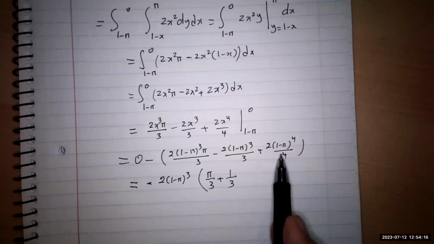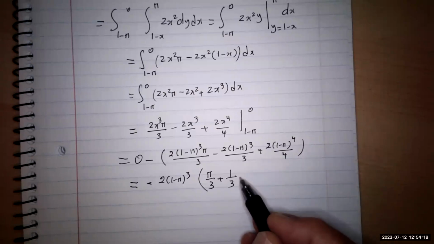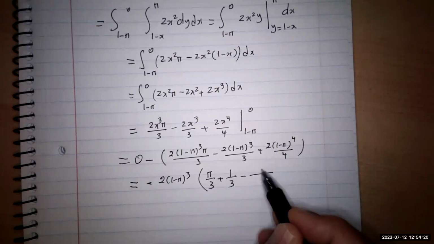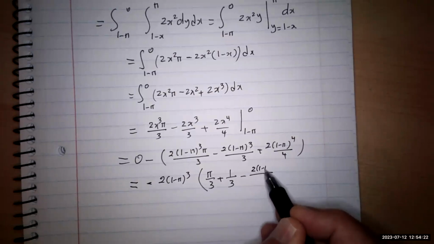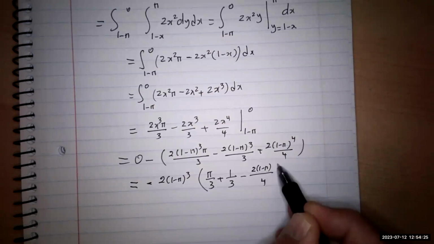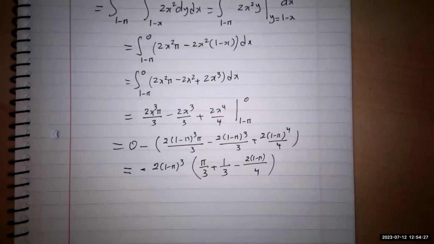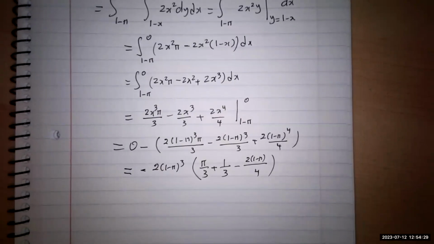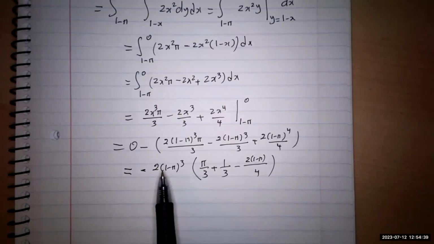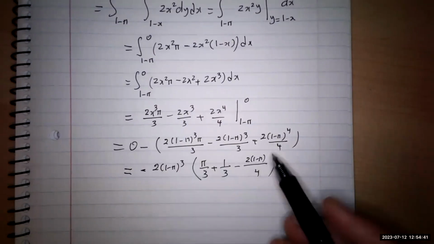Okay, and the last part here is going to be minus 2 times 1 minus pi. You know, you can use your calculator, but if you want to stay with this notation, you need to find the common denominator and just take care of it. Yeah, I could simplify this too.